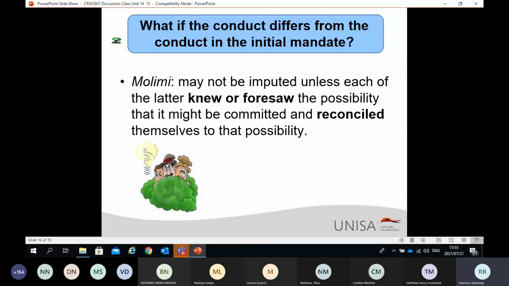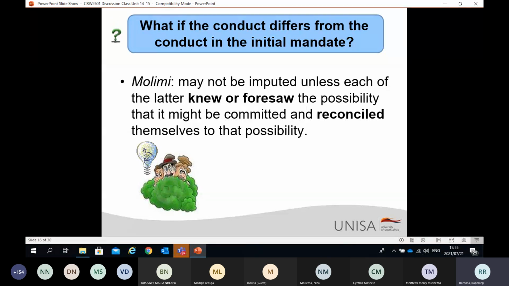In other words, they were not part of the mandate or the prior agreement. The court held that the attempted murder of the employee in the other store was foreseeable, for once all the participants in a common purpose foresaw the possibility that anybody in the immediate vicinity of the crossfire could be killed, then they had dolus eventualis.